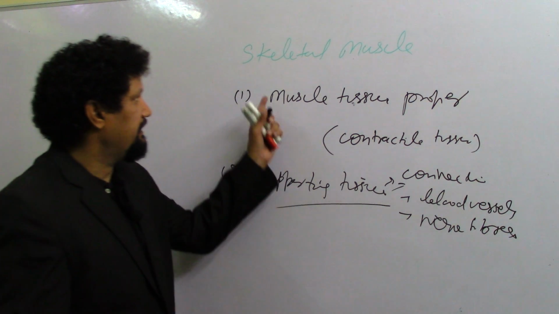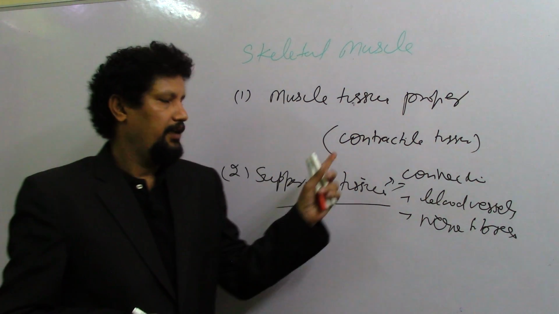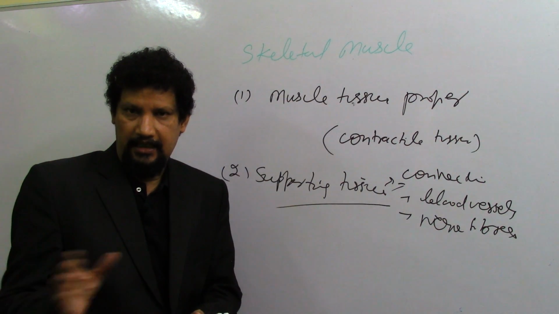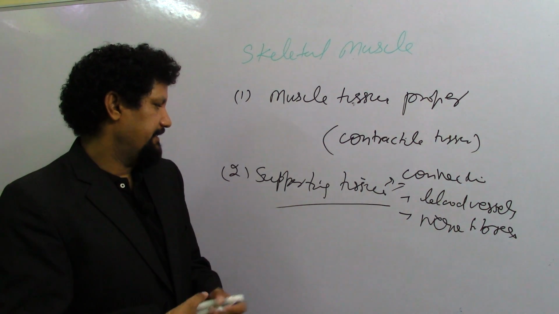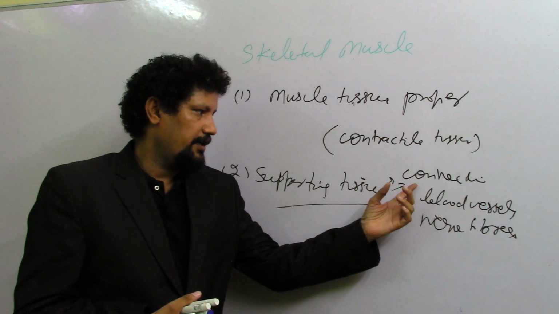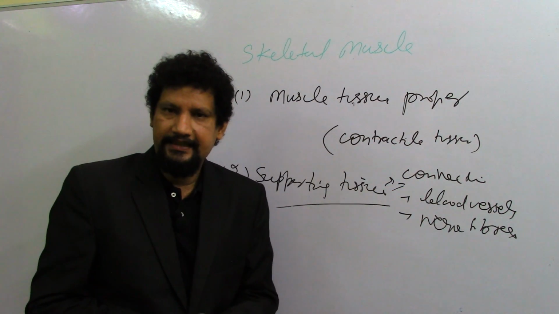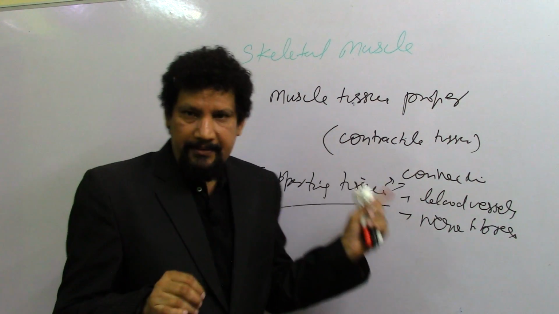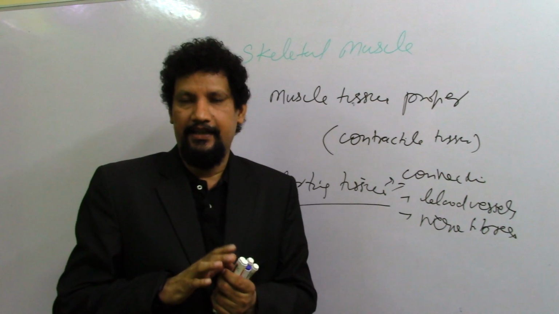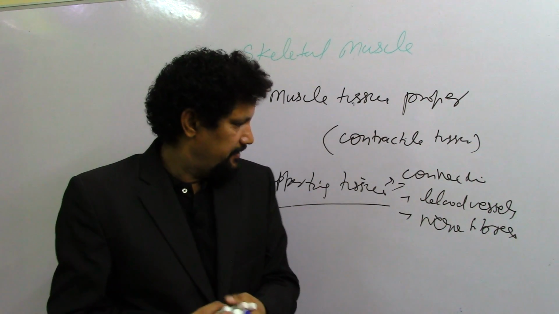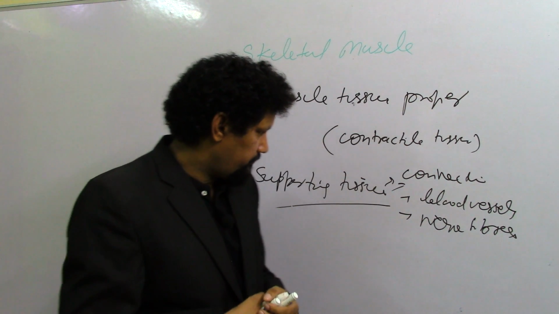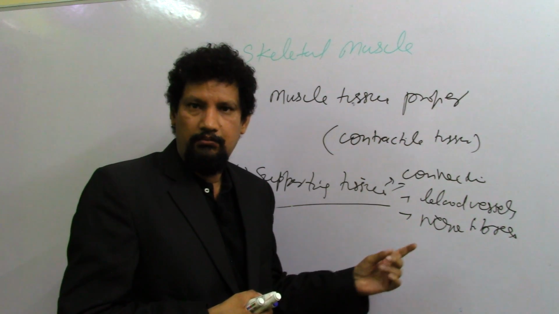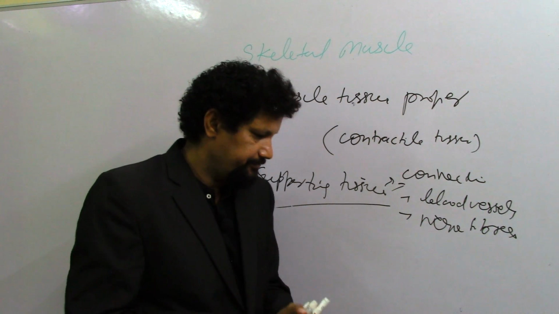So the skeletal muscle is having the muscle tissue proper, which is formed by the muscle fiber, myocyte or muscle cell, also known as muscle fiber, and the supporting tissue is having the connective tissue, which is for the support of the muscle fiber and to provide a route for the entry and the protection of the blood vessels and the nerve fiber. So muscle is formed by two types of tissues.